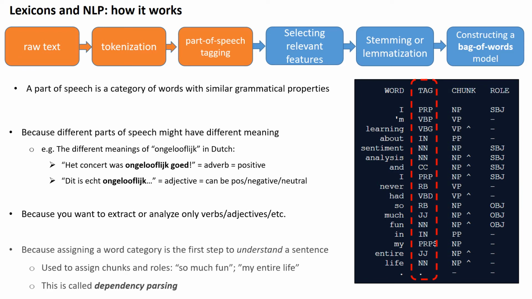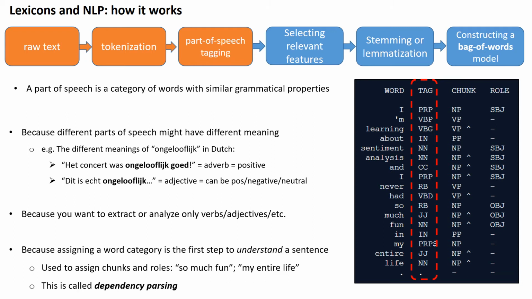A third reason is that assigning a word category is the first step to understanding a sentence. It's therefore also used to assign chunks to words in a sentence. A chunk is basically a series of words that, within a sentence, have some symbolic unity.